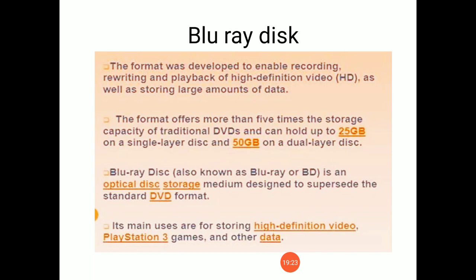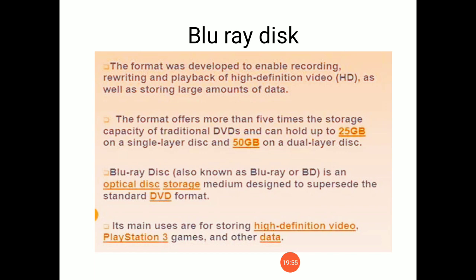Blu-ray discs are again classified as BD-R, that is Blu-ray disc recordable, which are once writable discs. Then we have BD-RW, that is Blu-ray disc rewritable, which are rewritable discs, and it is suitable for backup or archival memory.